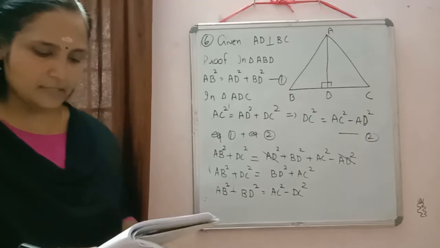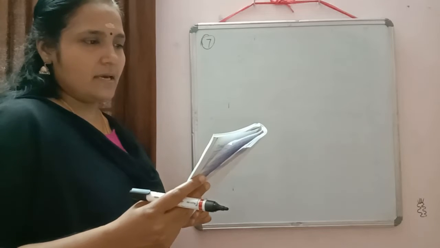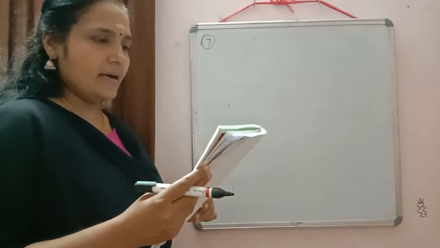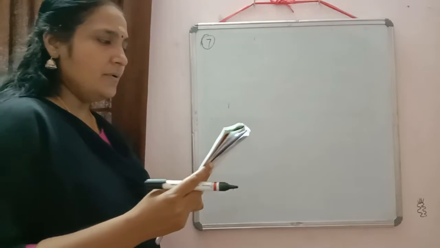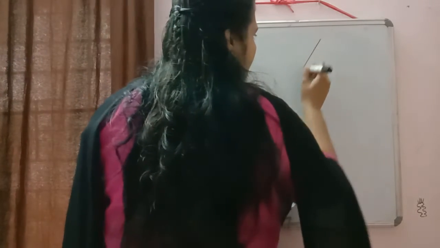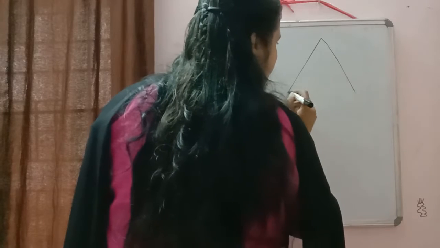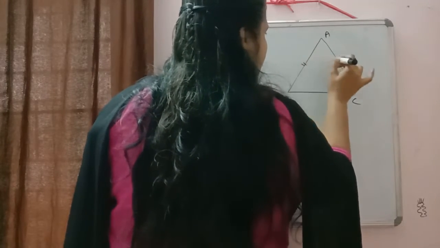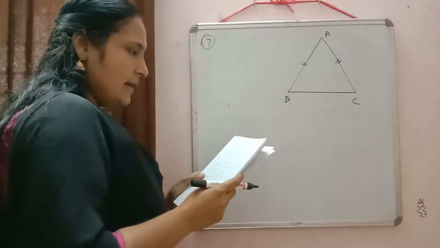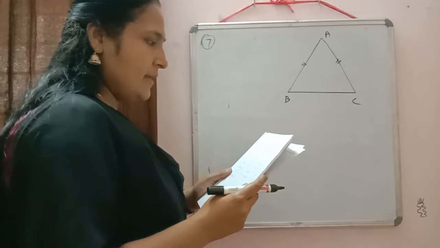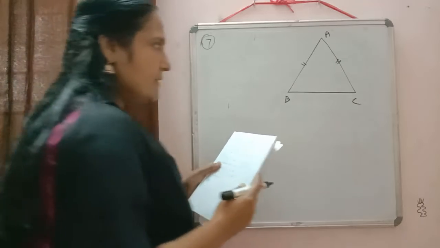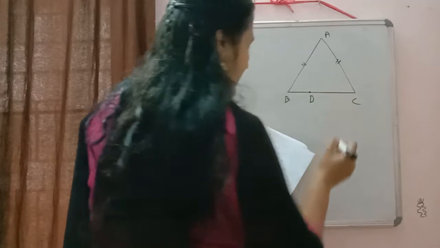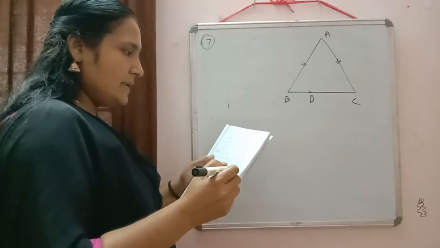Okay, so moving on to the next question. In this question, it is given ABC is a triangle in which AB is equal to AC, and D is any point on BC.